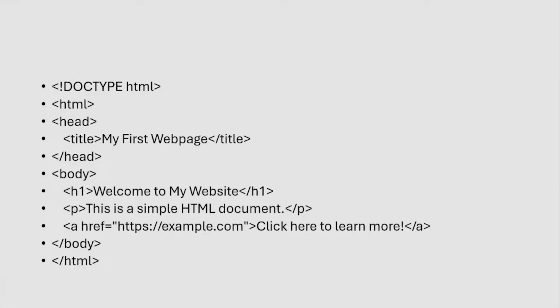Welcome to my website, and the paragraph. Suppose you would like to add some information, we need to mention it within the paragraph. In web 1.0, we have these tags. After that, in web 2.0, we have the anchor tag. If we would like to add some links, we need to use the anchor tag.